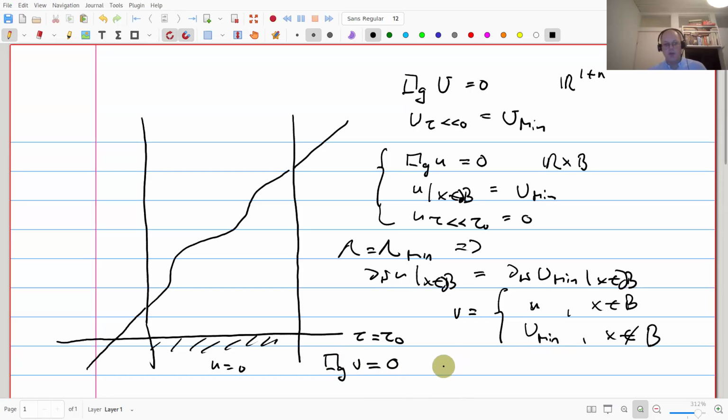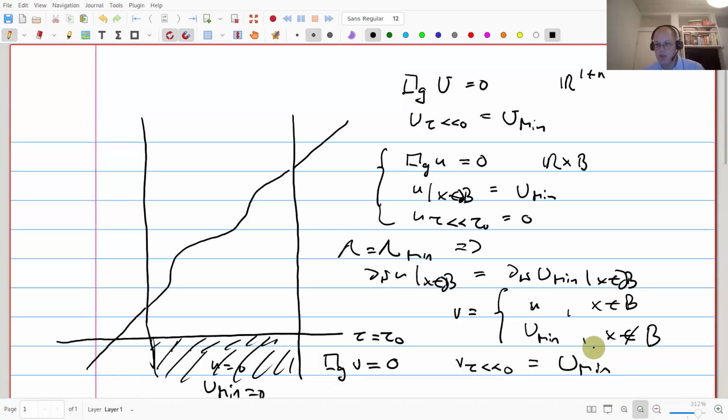And now, u is 0 here inside, and so is the Minkowski plane wave, in this region below this time level. So we see that initially, this glued thing satisfies the same initial condition as that capital U there. So for small times, this is just the Minkowski.